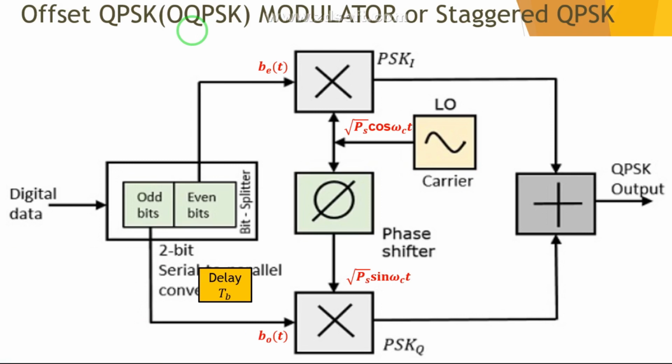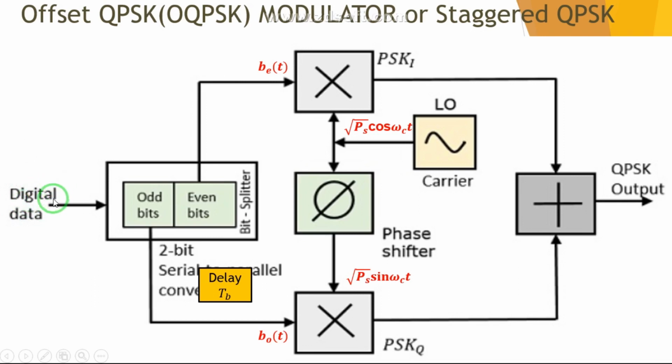Now you can see from this figure that this digital data is in the form of a bipolar NRZ signal. But suppose the input binary sequence is in the form of 1 0. Then we have to first convert this binary sequence into a bipolar NRZ signal.